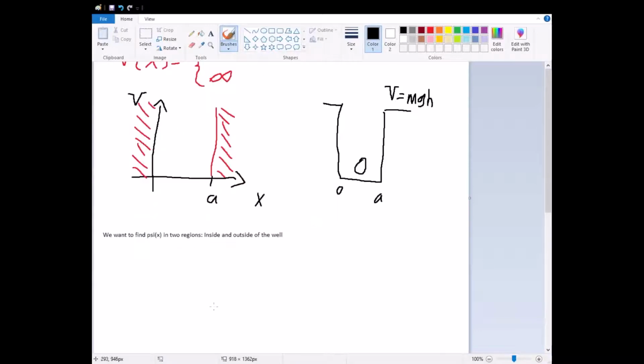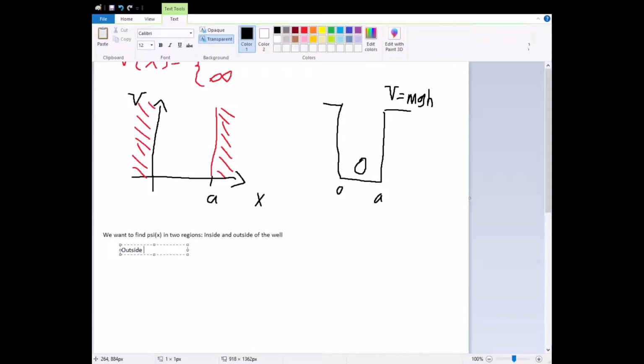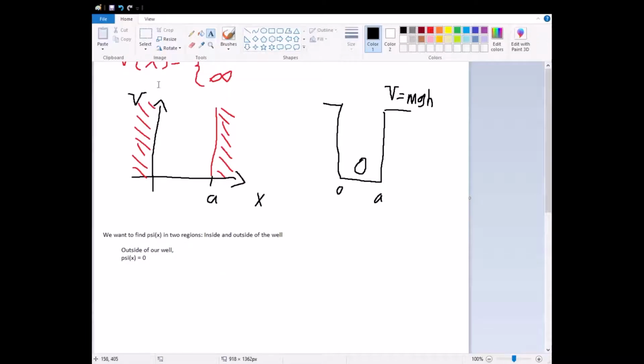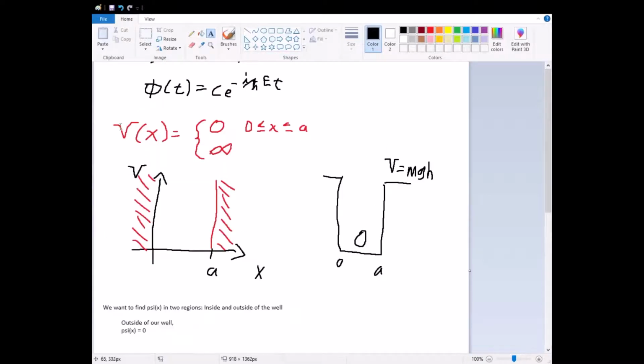So because of that, we can confidently say that outside of our well, psi of x equals 0. There is a zero probability of ever finding our particle not inside this well, because of the fact that our potential is currently at infinity.